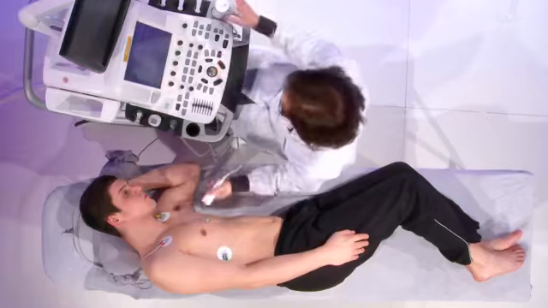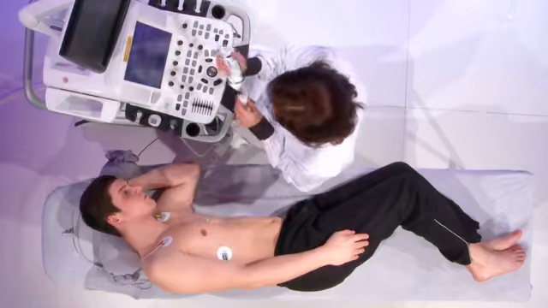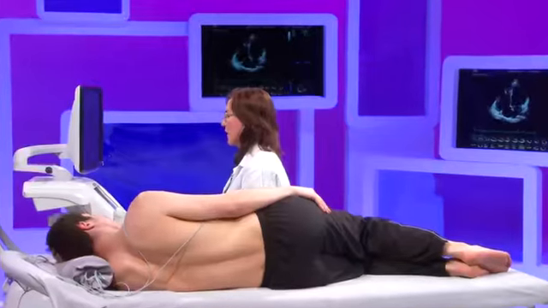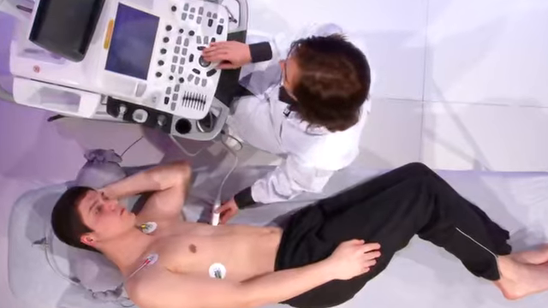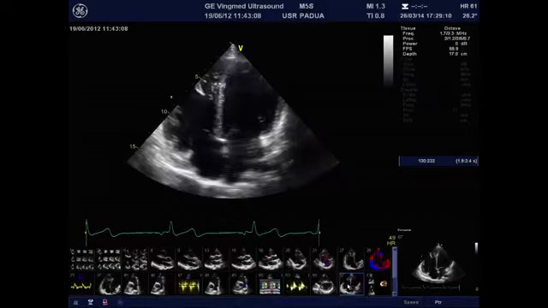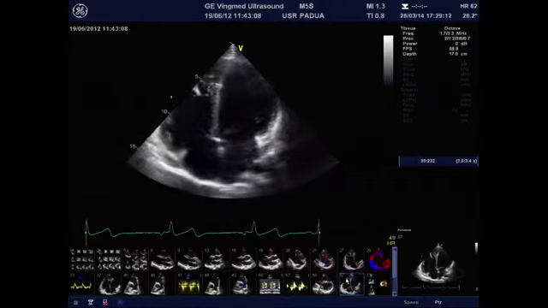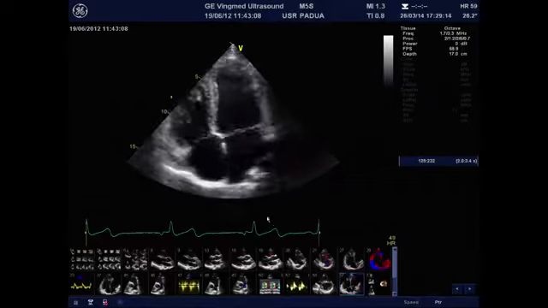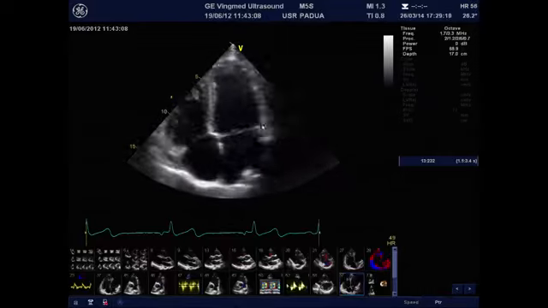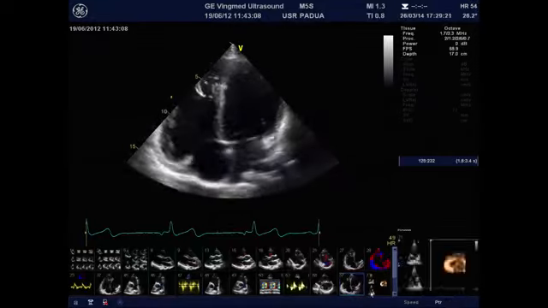Then if we move to the apical view, we will be able to see that there is a significant enlargement of the right heart cavities, because even only qualitatively we see that the dimension of the right ventricle exceeds the dimension of the left ventricle.